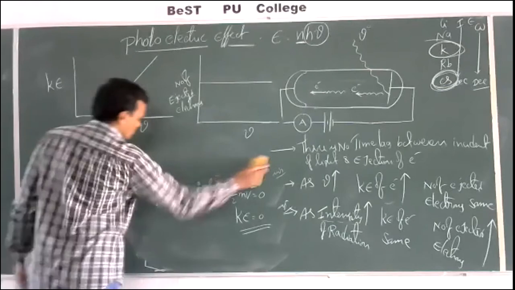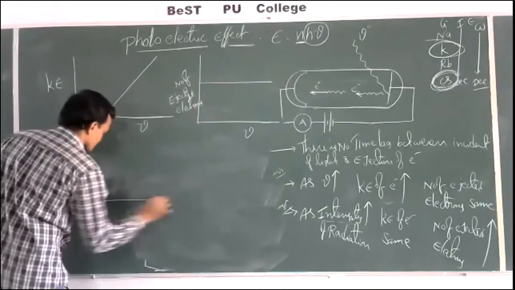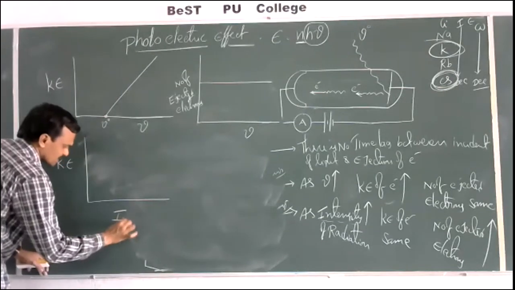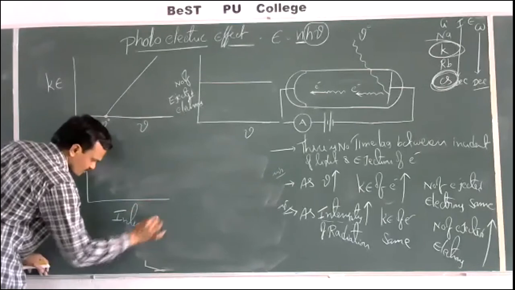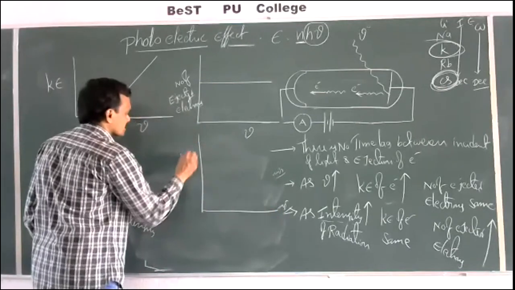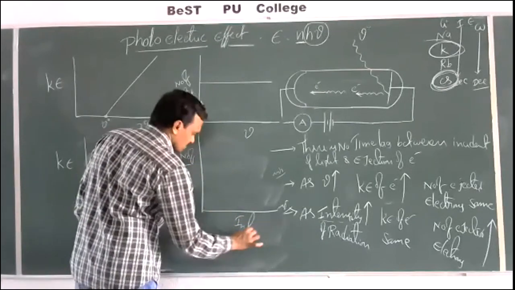Next, one more graph. Kinetic energy versus intensity, and number of ejected electrons versus intensity.